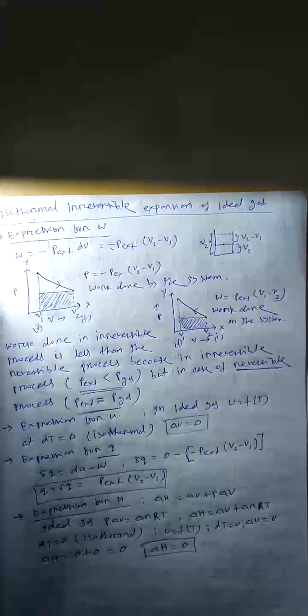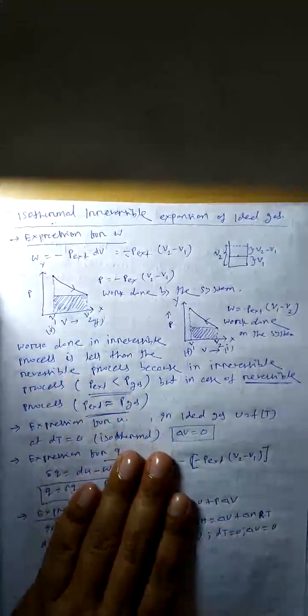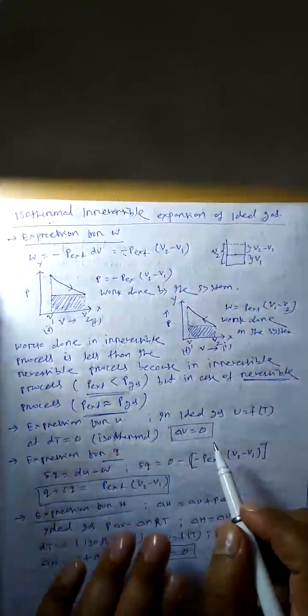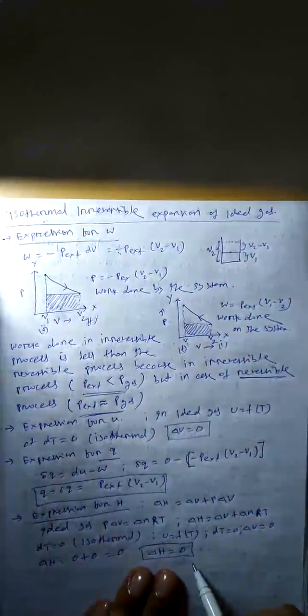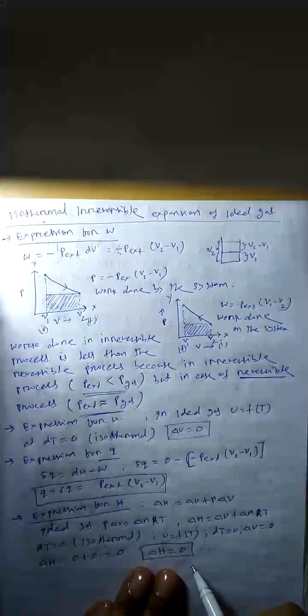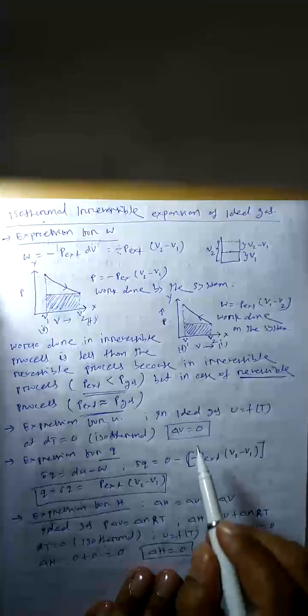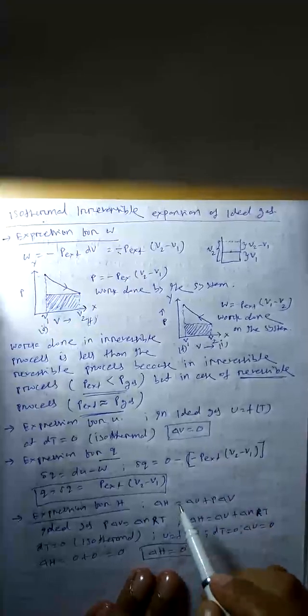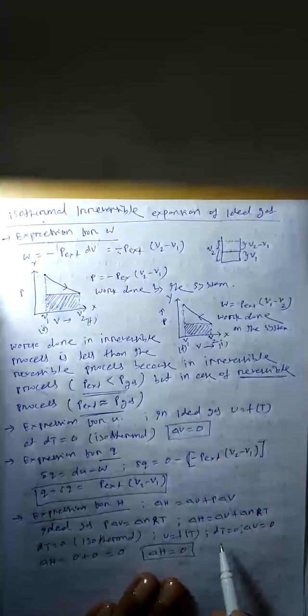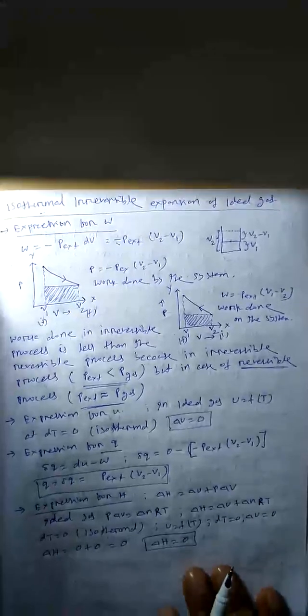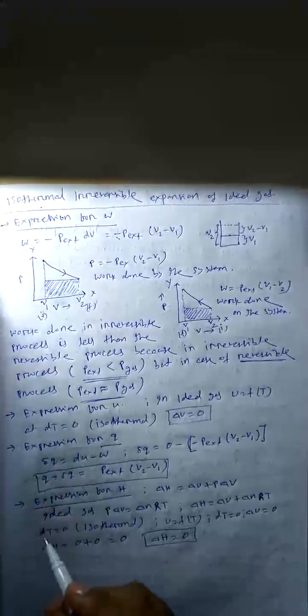In the reversible process also, delta U is 0 and delta H is 0, and in the irreversible process also, delta U and delta H both are 0. Okay, this is the isothermal irreversible expansion of an ideal gas.